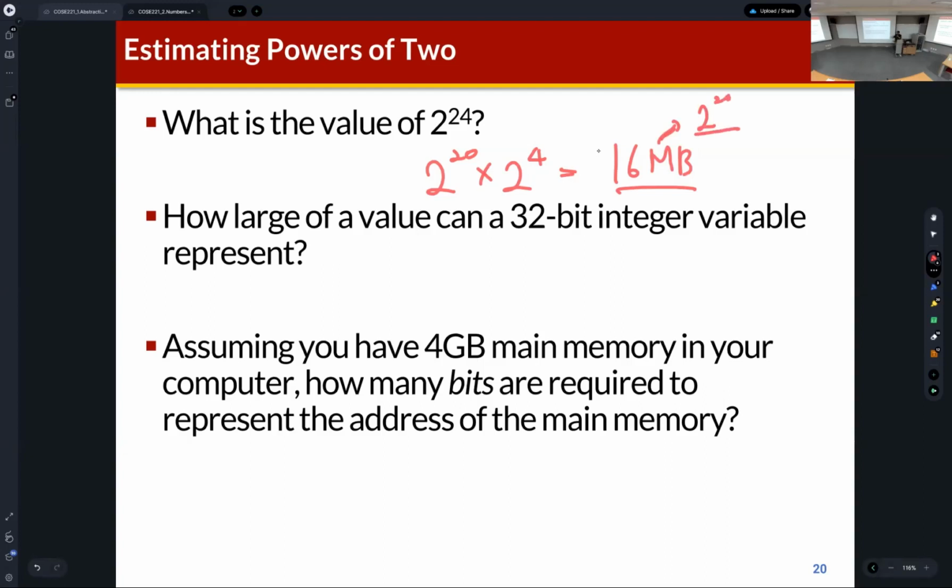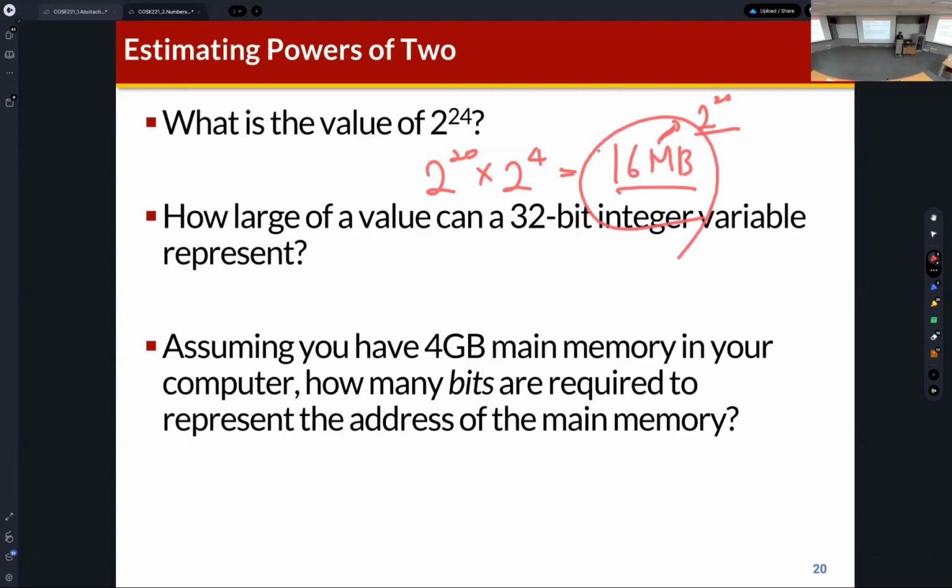Kilo means 2 to the 10, K is 2 to the 10, mega is 20, giga is 30, tera is 40. So it's 16 megabytes.